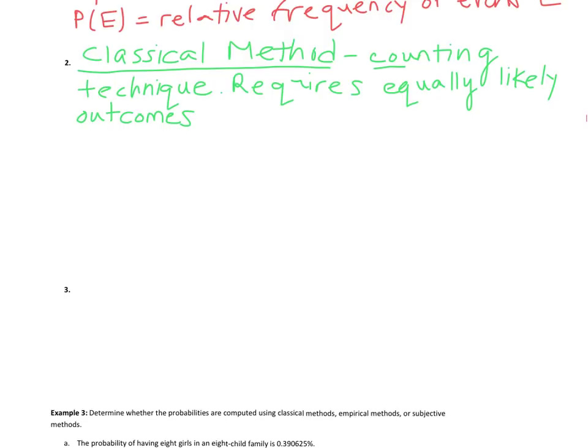Okay, so that means all the probabilities of each outcome are the same. And how we calculate that, we're going to introduce a new notation, N(S). N stands for number. So N(S) is going to be the number of outcomes in the sample space.